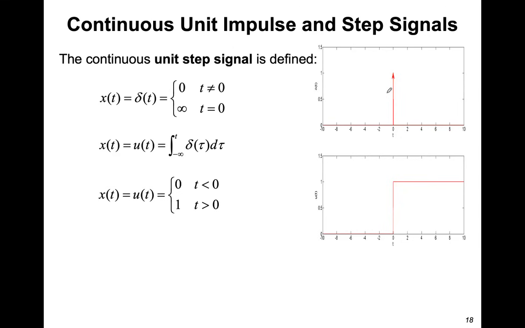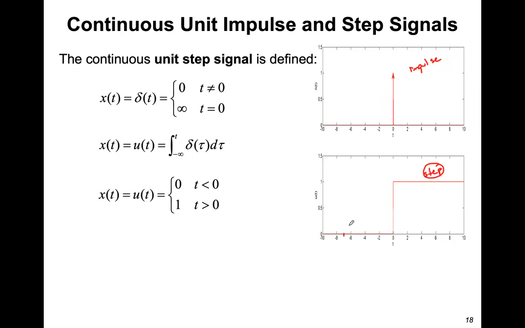Okay. So I would like you to understand this relationship between unit step function and unit impulse function. Okay. What's the relationship between these two? If I take the derivative of this unit step function, what is the derivative at this point? There is no change, there is no slope.